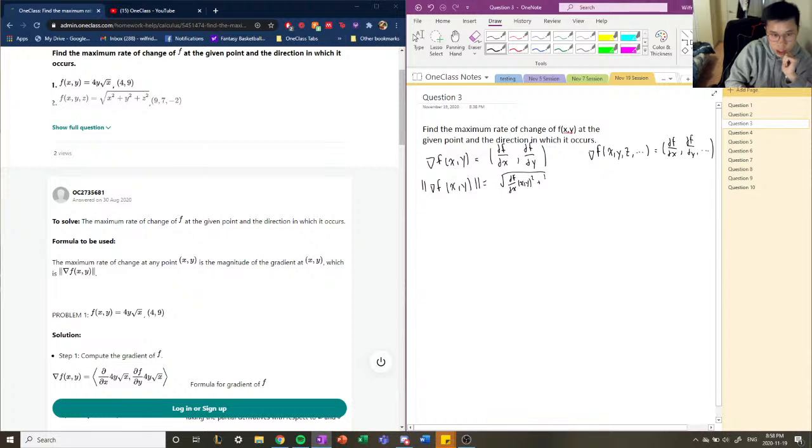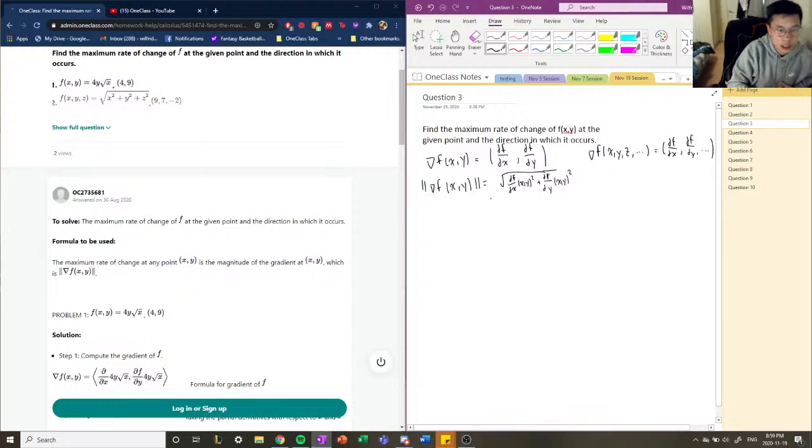Sorry that it's a little bit small, but it's basically the square root of the sum of each partial derivative squared, and that's your magnitude. So the maximum rate of change of f of x, y at a given point will be the magnitude of that gradient at that given point.